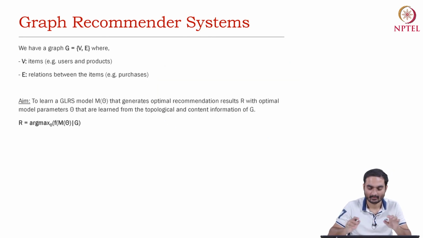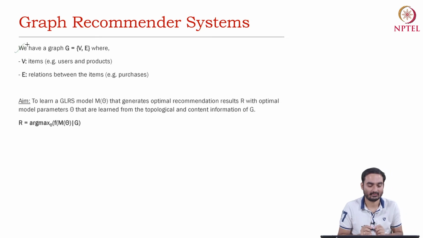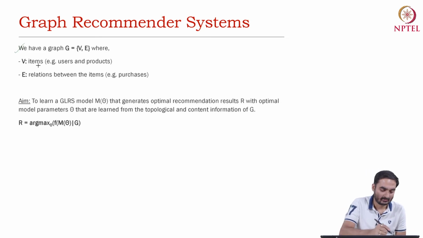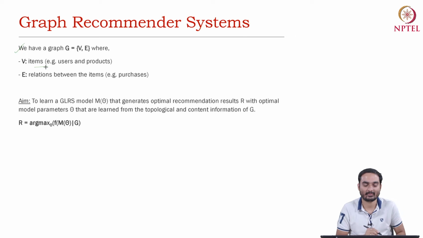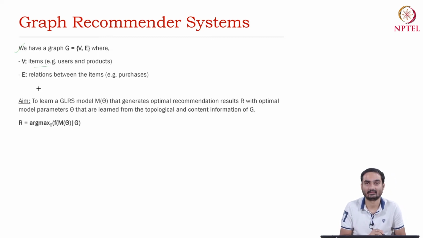So, what is the problem statement here? In graph recommendation system, the problem statement is we have a graph V comma E. V is a set of items, this can be users or products, and E is a set of relations, say purchases. And what is the aim?